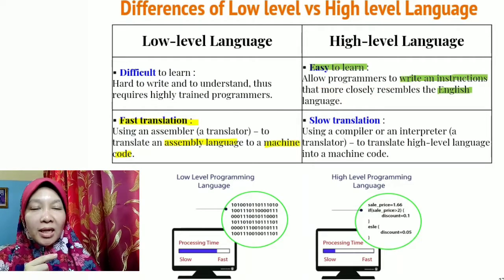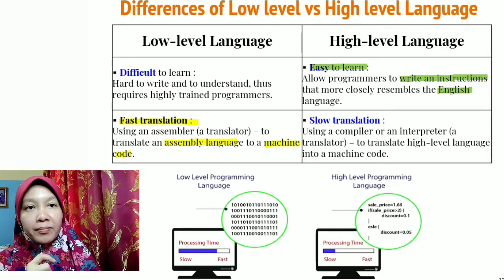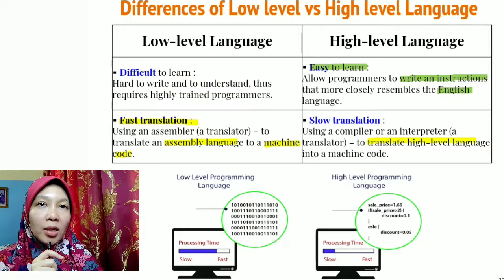Therefore, low-level language will be translated faster by the computer because the computer can directly understand it, while high-level language will be translated slower than low-level language because the computer needs a translator to convert high-level language into machine code.